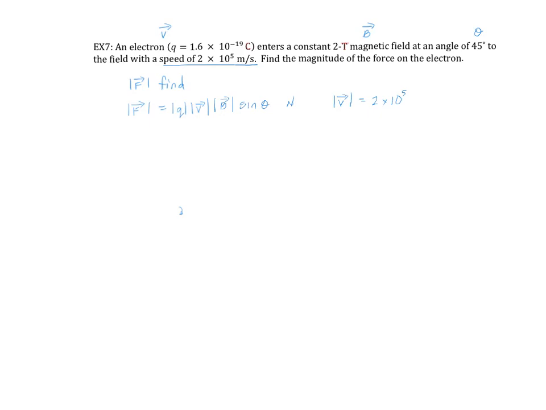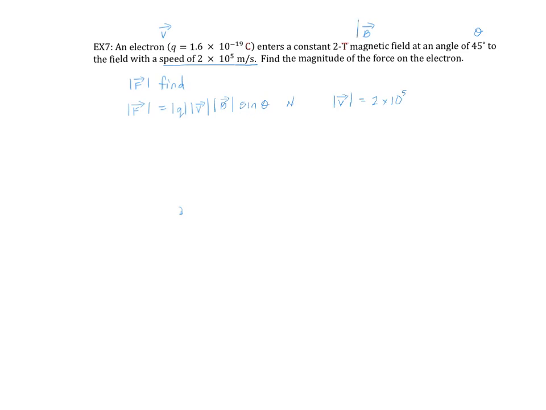Let's see. So I have Q. I have the magnitude of V. What about B? Well, it says that it enters a 2 Tesla magnetic field. This 2T, that's not a vector. That's a measurement.